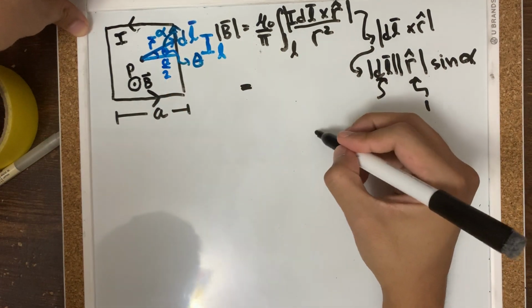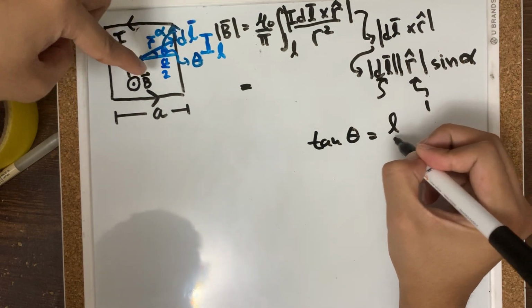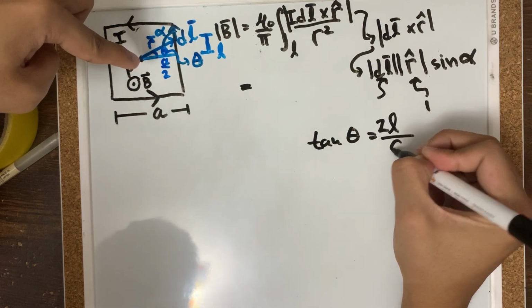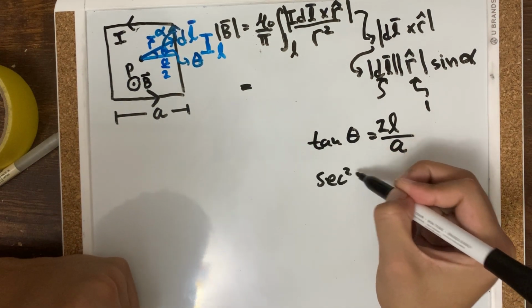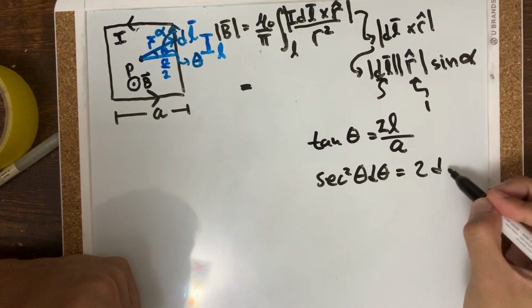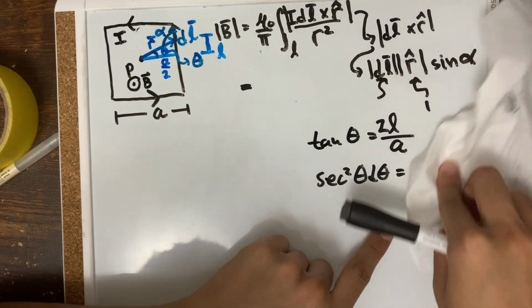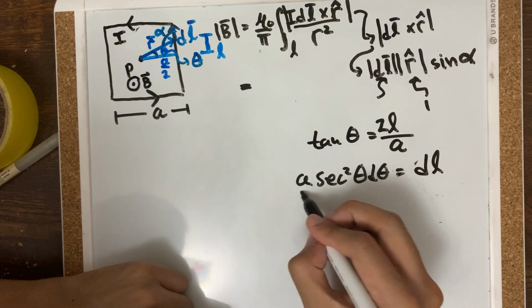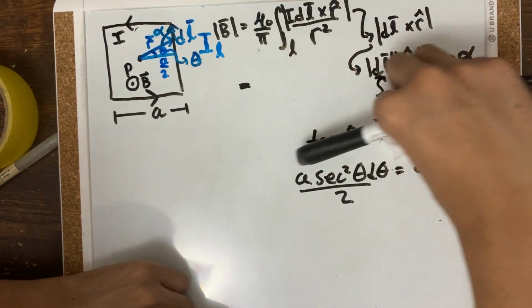Tangent of theta is equal to opposite over adjacent, where the adjacent is a over 2, so I'll put the a on top there. Then you can differentiate both sides. Secant squared theta d theta is equal to 2 dl over a. If we isolate dl, then we can plug it into our integral. So dl is a over 2 times secant squared theta d theta. So we found our dl, and we can simplify that.